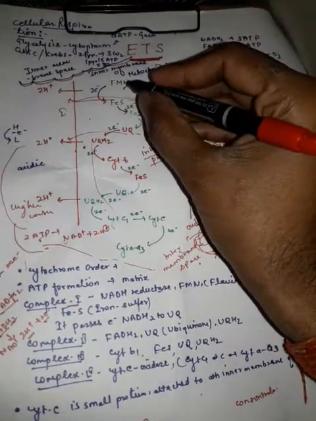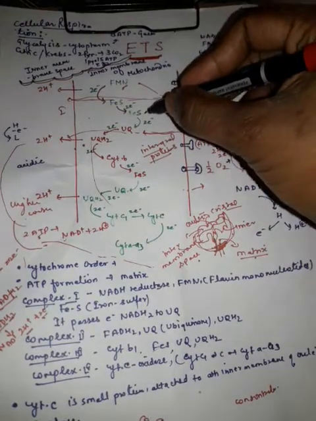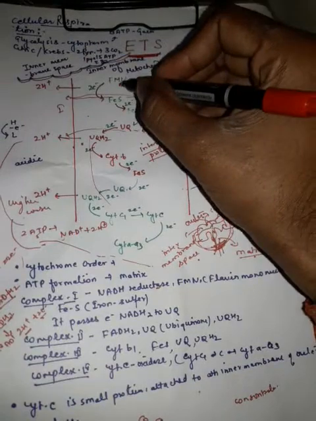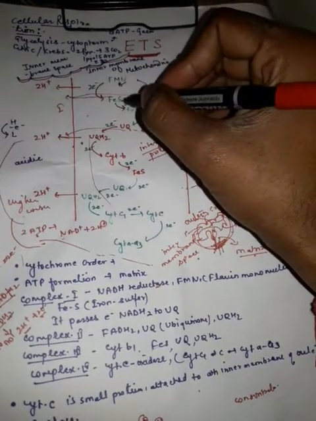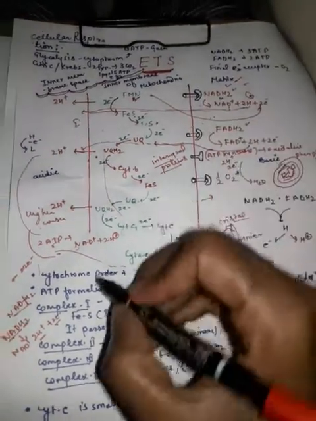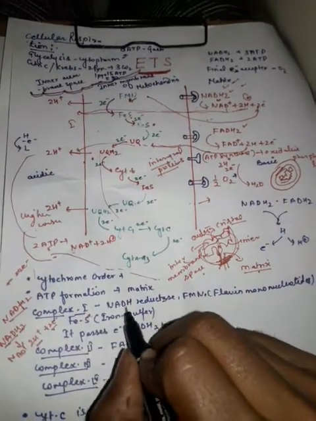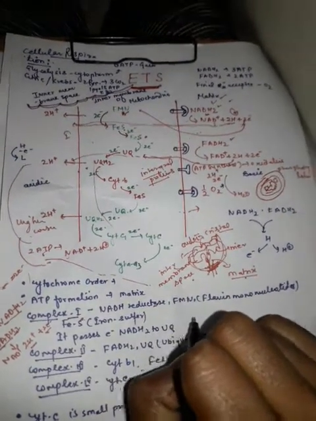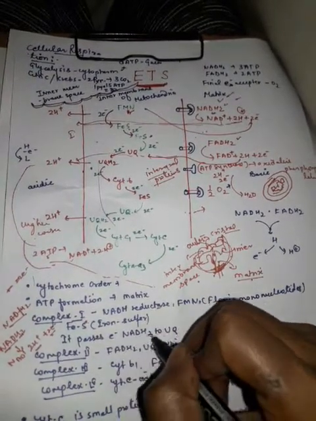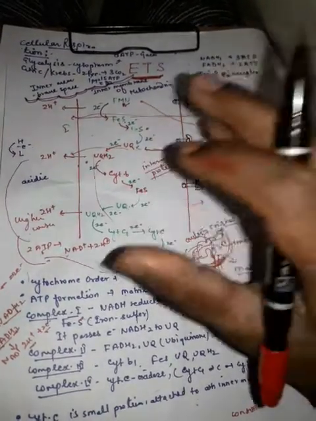So the first complex is FMN, FeS. FMN is flavin mononucleotide, the full name, and this is the iron sulfur protein, okay. So you can remember from here, NADH reductase, FMN and FeS, okay. It passes electrons from NADH2 to UQ, complete.